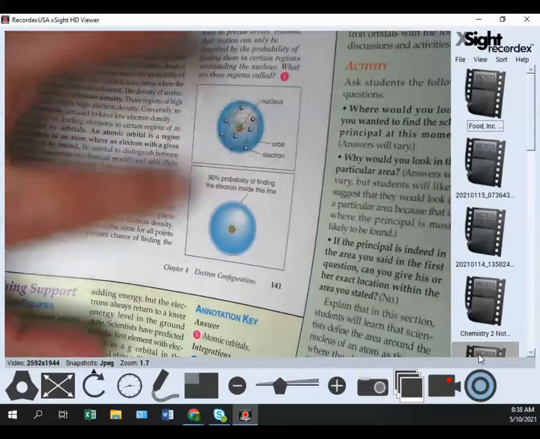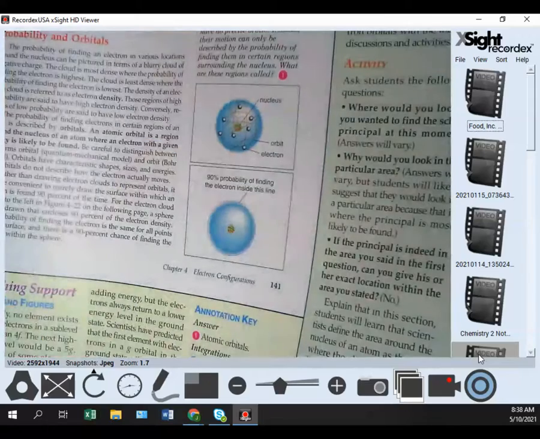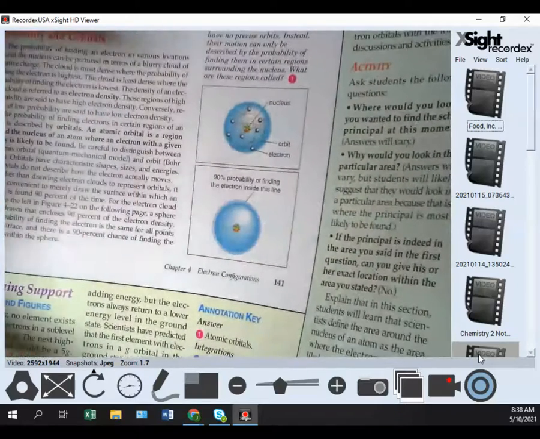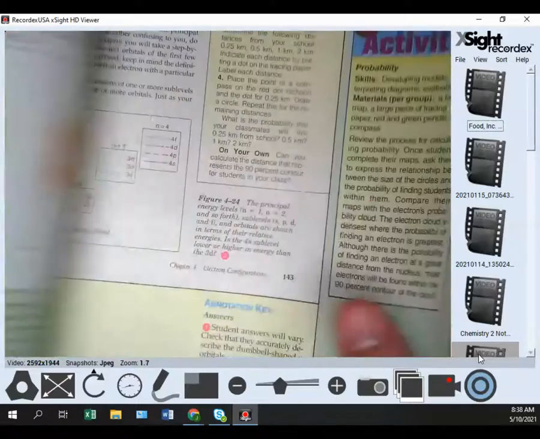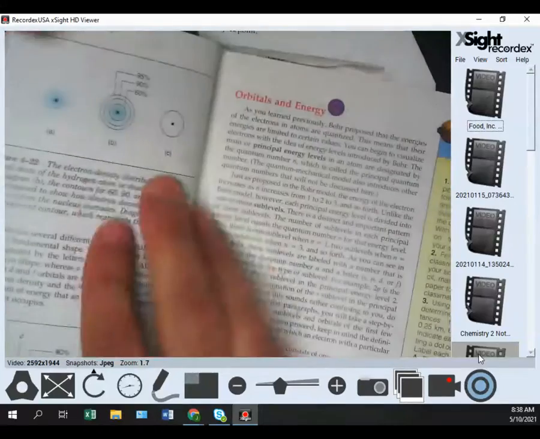Not orbits, but orbitals, like an area. And what they do is they say you have a certain percent chance of finding the electron in that area. So they have what are called electron density distributions, like these.